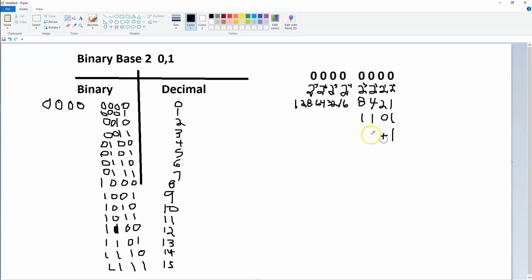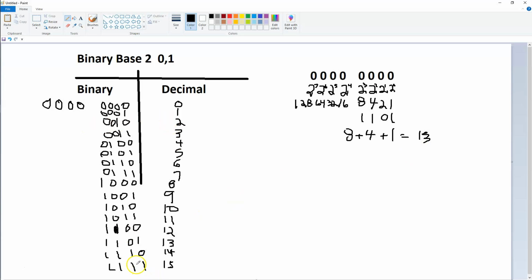I don't need to bring the 0 down. 1 times 4 is 4. 1 times 8 is 8. And if I add them all together, 12, 13. So this is how you count.